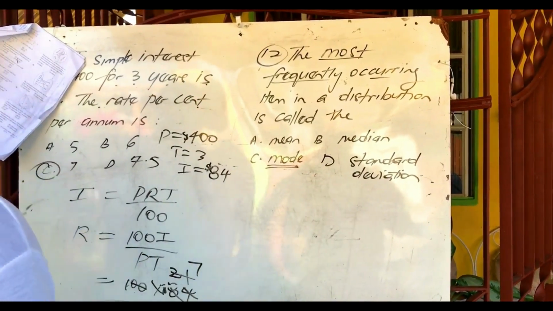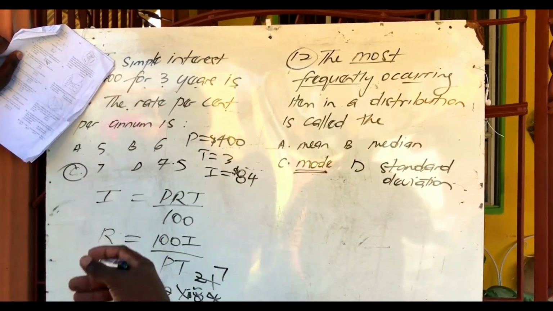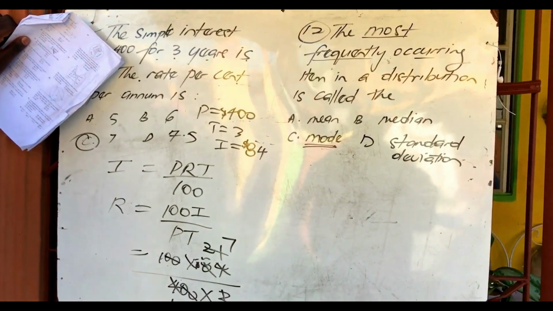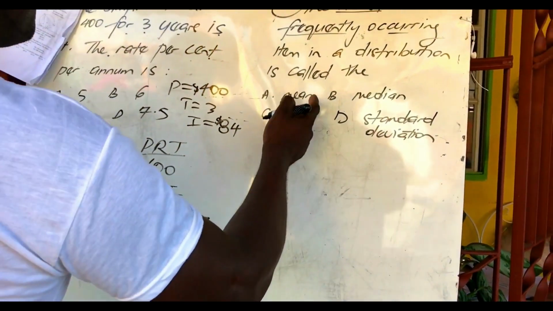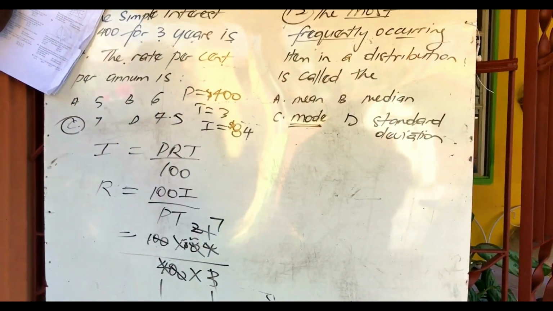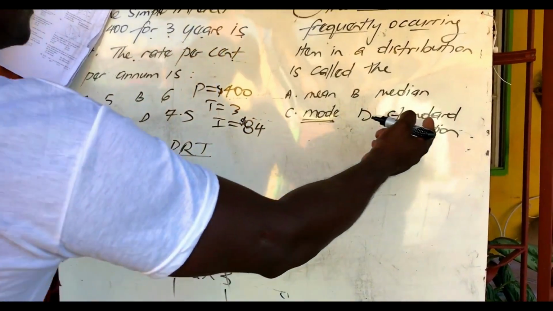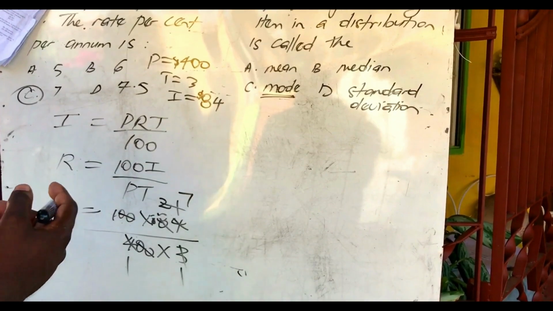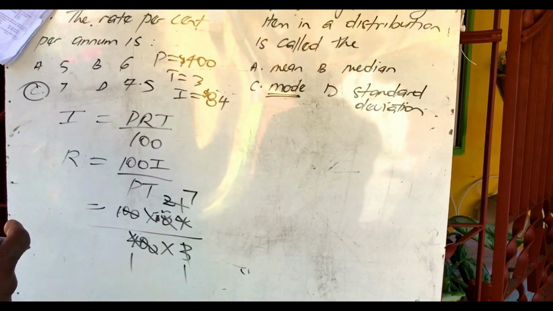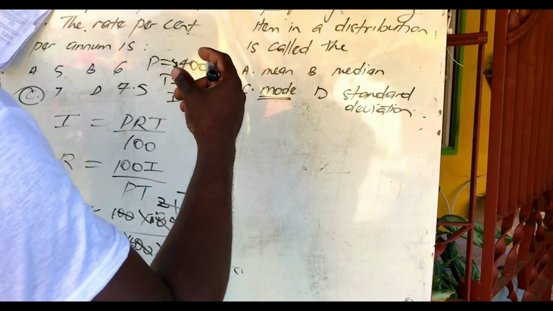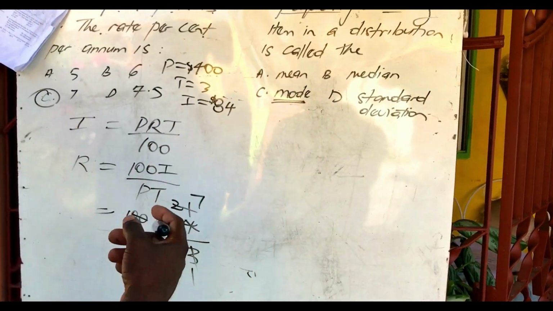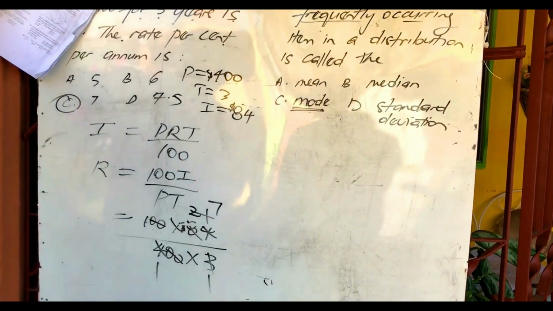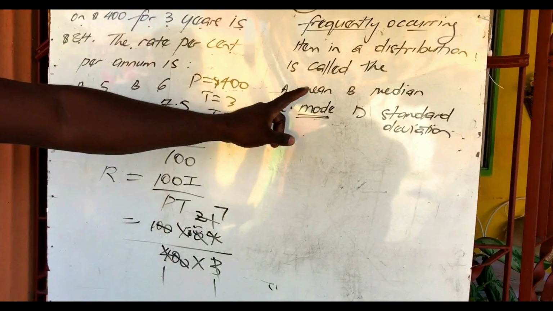The mean is the average when you add up all the numbers and divide by the number of values. While the standard deviation basically tells us by how much the values in the distribution differ from the mean that you'd have calculated.